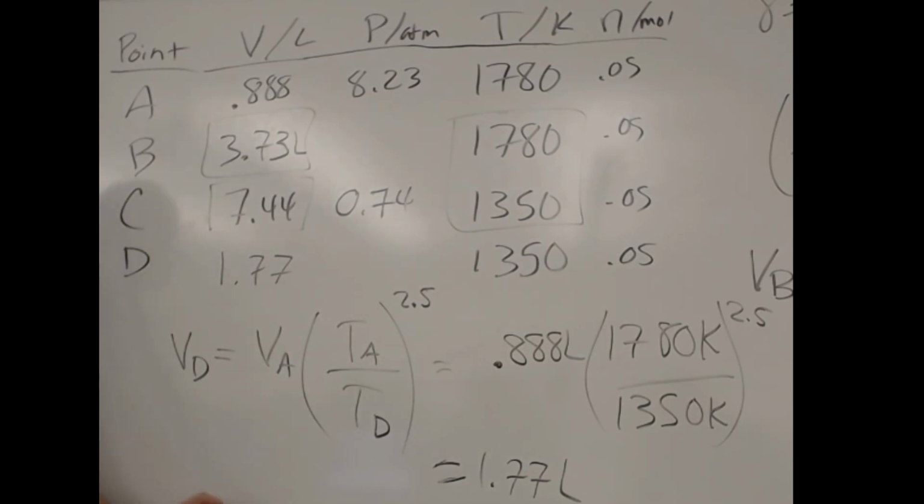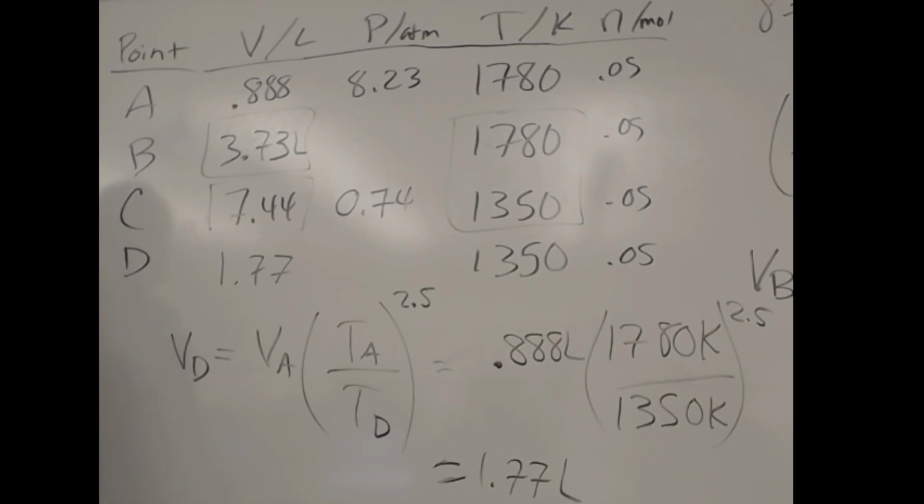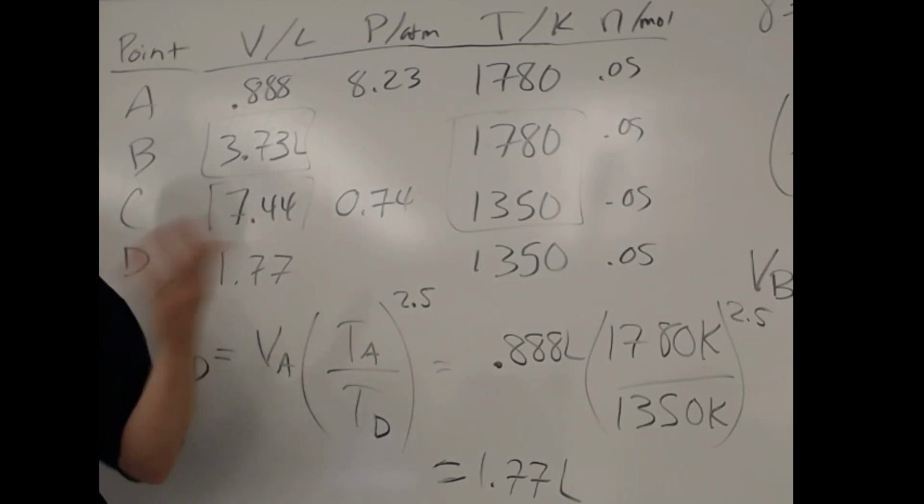So that's how you use the adiabatic relationship. And you're done needing them, because now we just have one variable that we're missing and we can use the ideal gas law. So you just have to use those adiabatic relationships twice. I typically use them to get the volumes and then calculate the pressures using the ideal gas law.